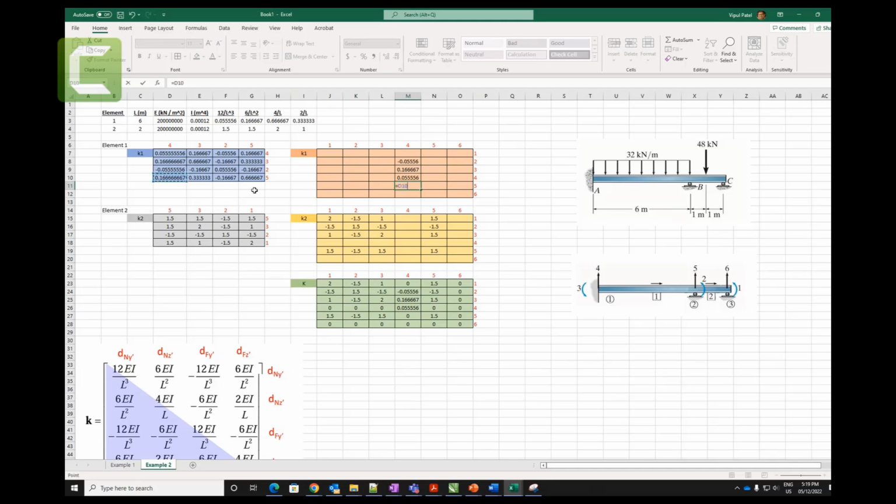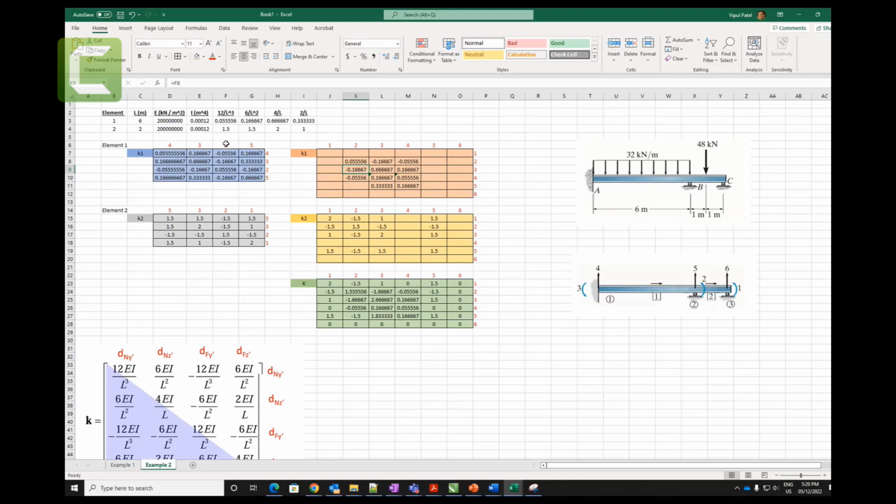Now column 3: 3, 4, 3, 3, 3, 2, and 3, 5. And then you will get 2, 4, 2, 3, 2, 2.